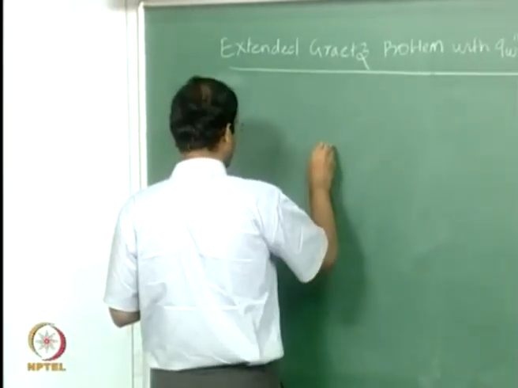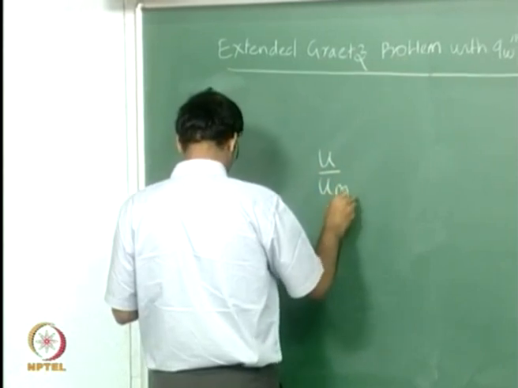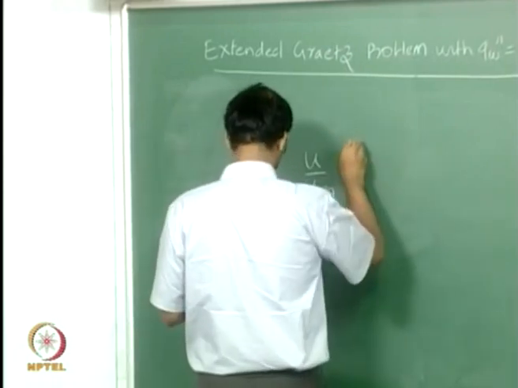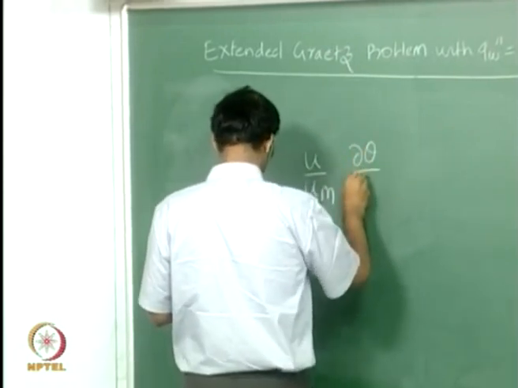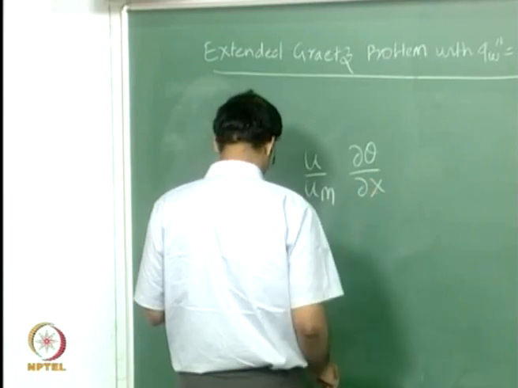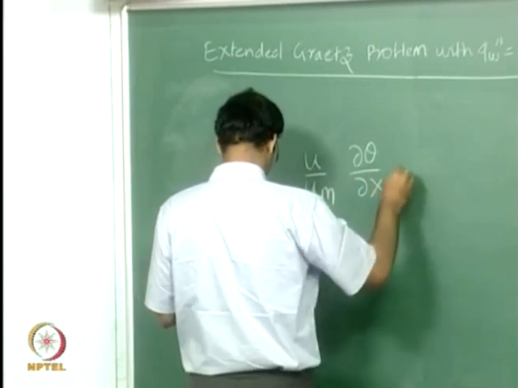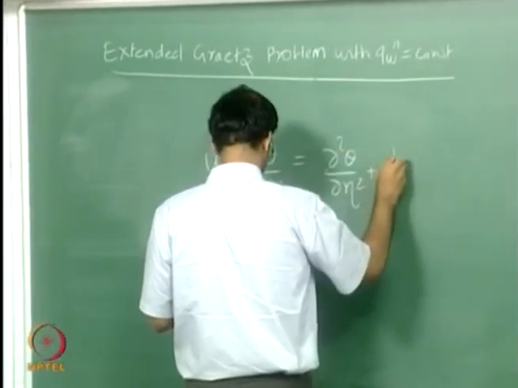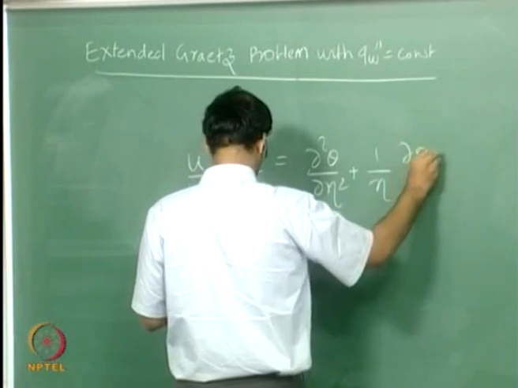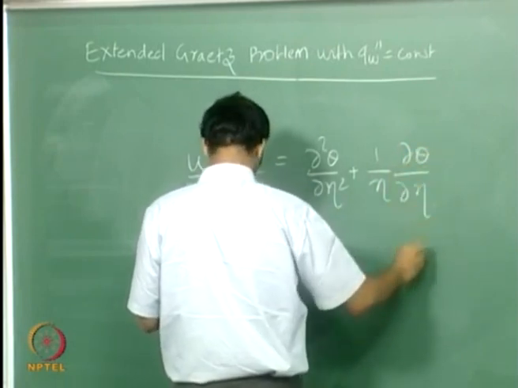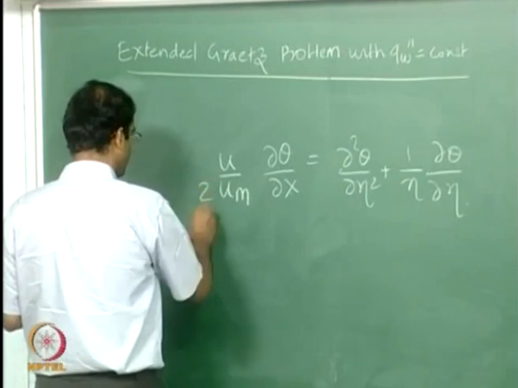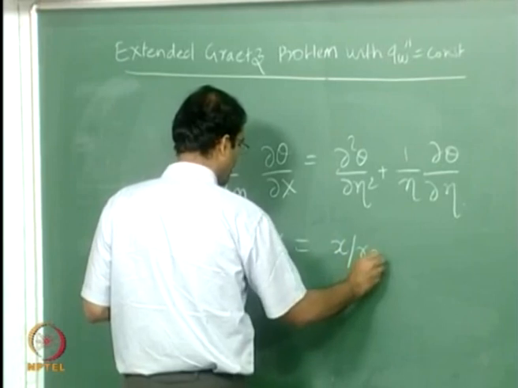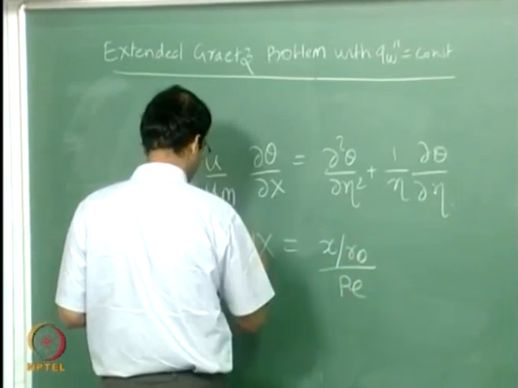So of course you have your energy equation as u by um into d theta by dx equal to d square theta by d eta square plus 1 by eta into d theta by d eta. Yeah, there should be a 2 here if I define my x as x by r naught by Peclet number.